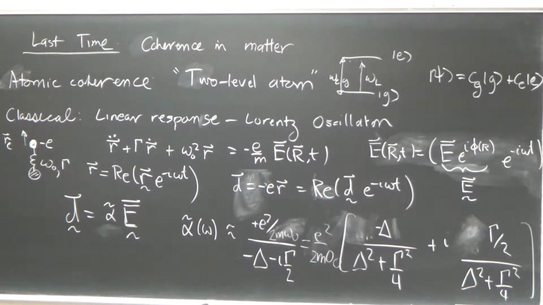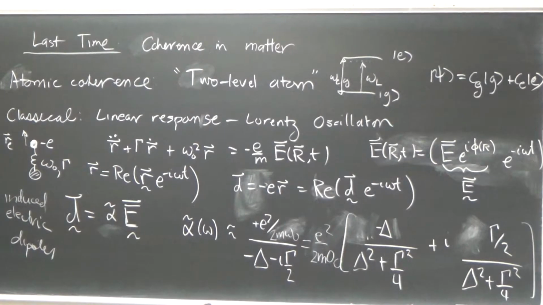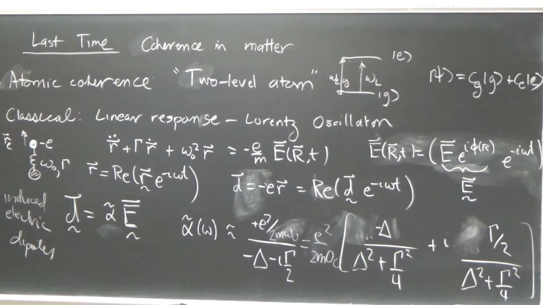Right, so when we did that, we can then solve in steady state for the response, and in particular, we can look at the induced dipole moment. And because we have a linear restoring force, this induced dipole moment is linearly proportional to the applied electric field, and that proportionality constant we call the polarizability.